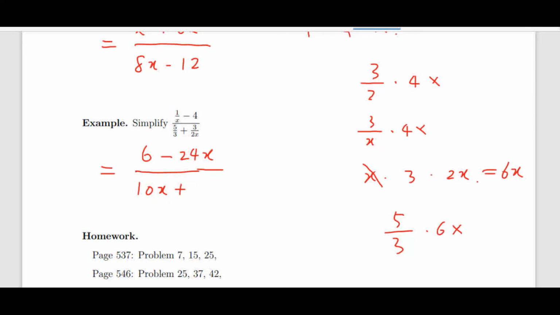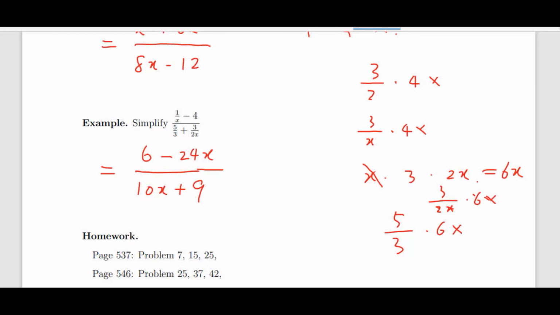Then 3 over 2x multiplied by 6x, cancel, equals 9. So in this class, we check those rational functions or rational expressions.